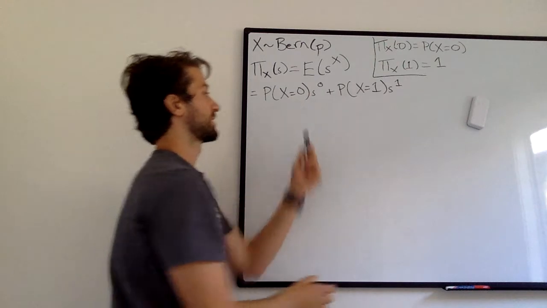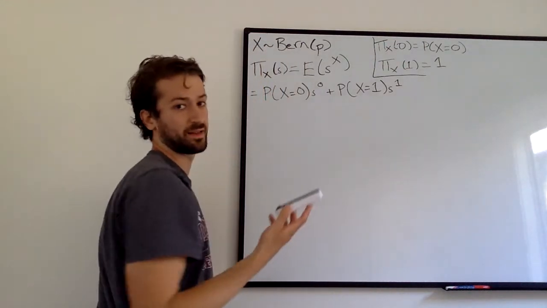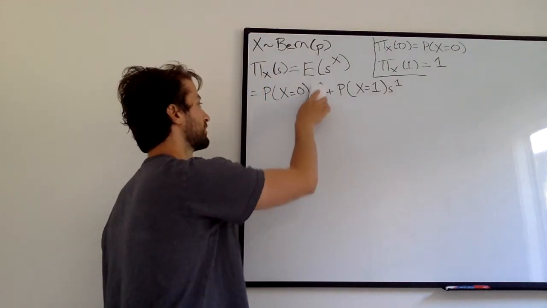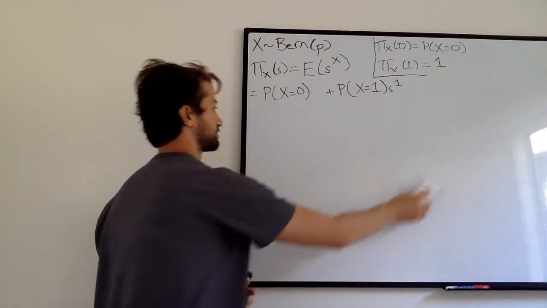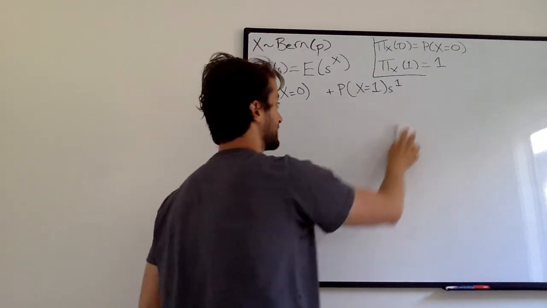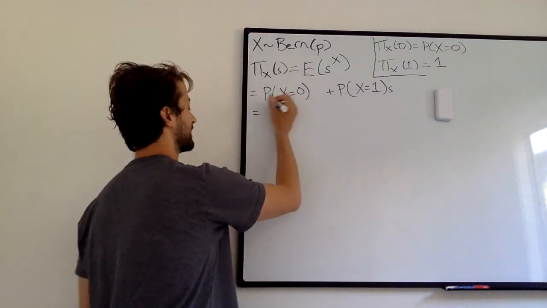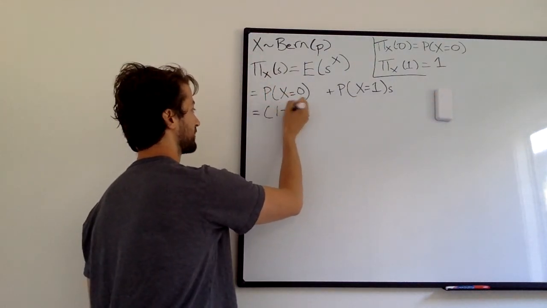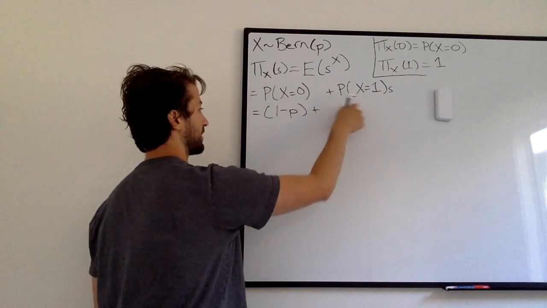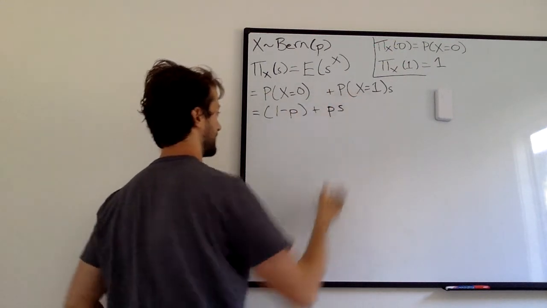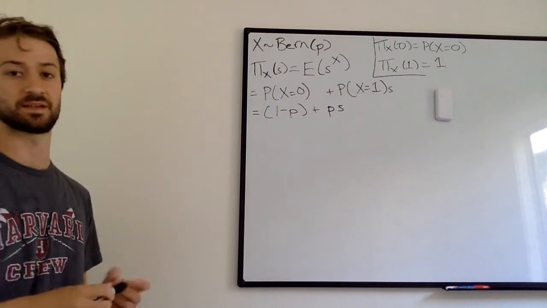S to the 0 is 1, since anything to the power of 0, including 0, is 1, so that goes away. S to the power of 1 is just s. We are left with the probability that x equals 0, which is 1 minus p, plus the probability that x equals 1, which is p, times s. So 1 minus p plus p times s.